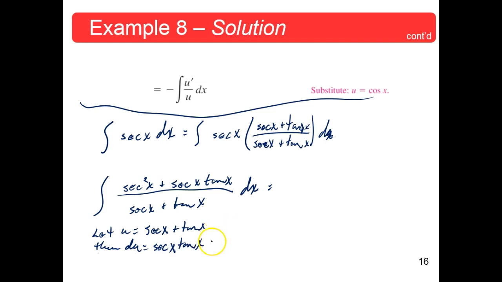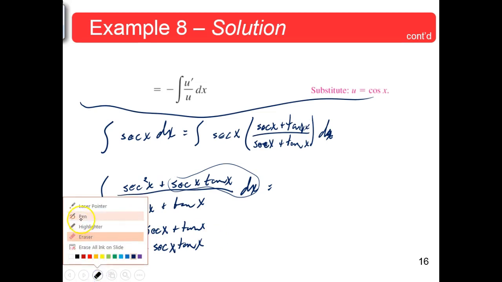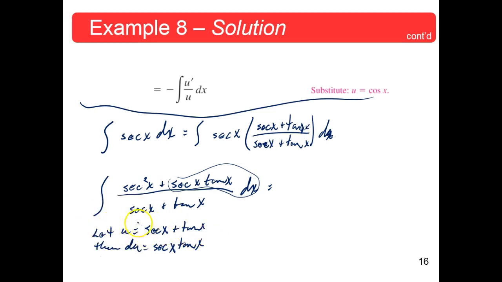One other thing, dx, right? Well, there's a du right there. Isn't that special? Okay. Oh, but wait. We didn't do the second part, did we? What's the derivative of tangent x? u was secant x plus tangent x.